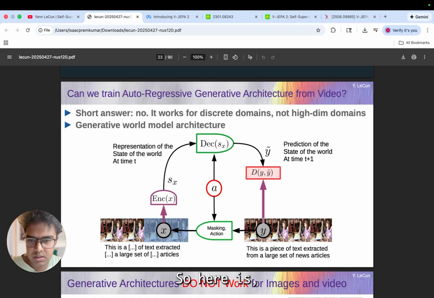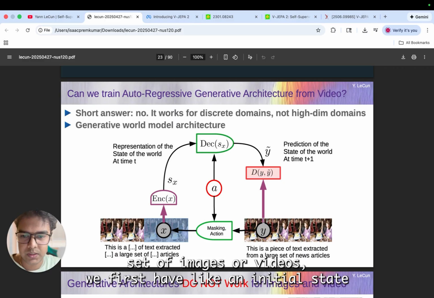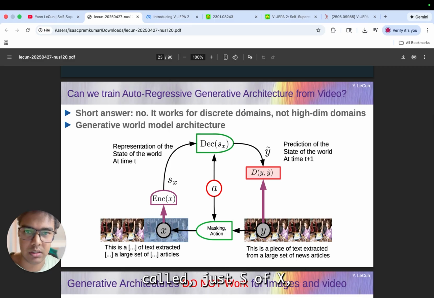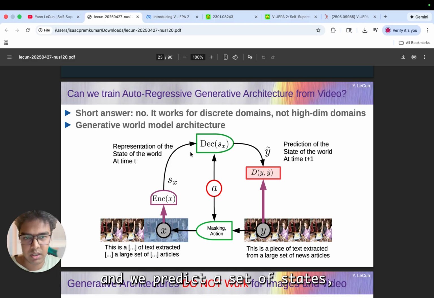Here is a more detailed explanation of world models. Given that we have an input, a set of images or videos, we first have an initial state, which is s of x, and then we pass it to an encoder, and with an action, we predict a set of states for a given outcome.